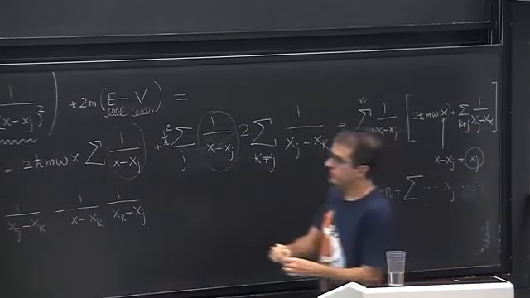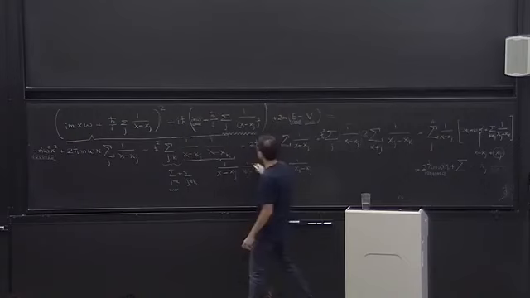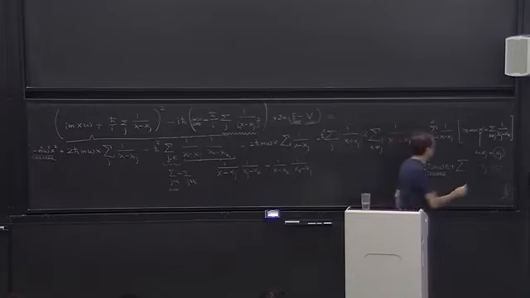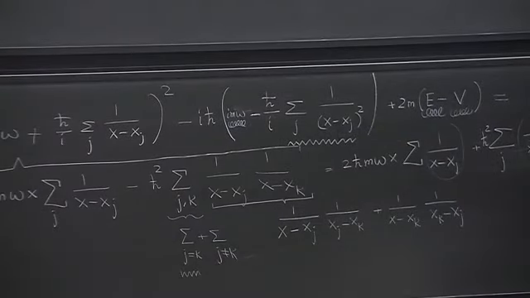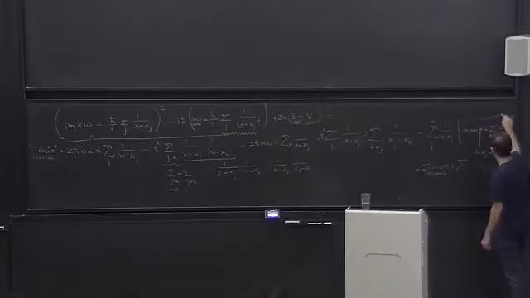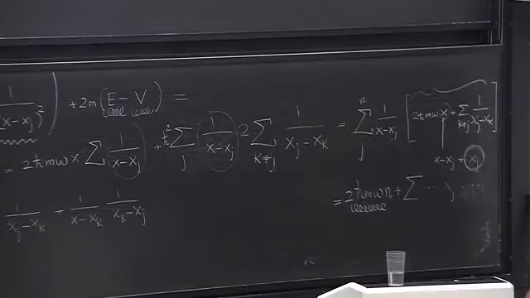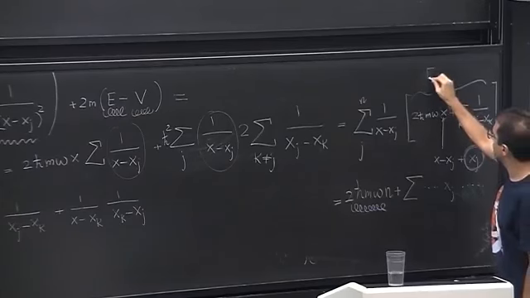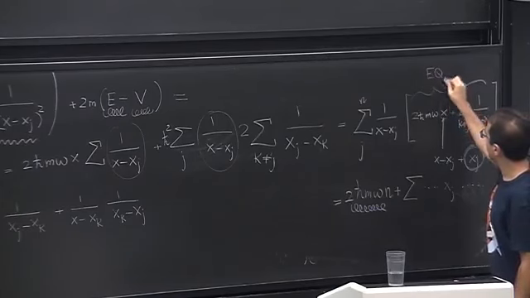And finally, there was this term that cancelled with this term, and therefore everything cancelled. So the only thing we need to cancel is this here, with xj inside, and everything cancels. Right? So we just get this equation for j.